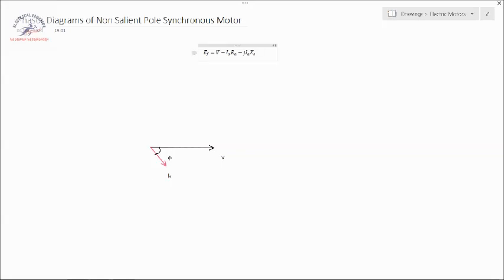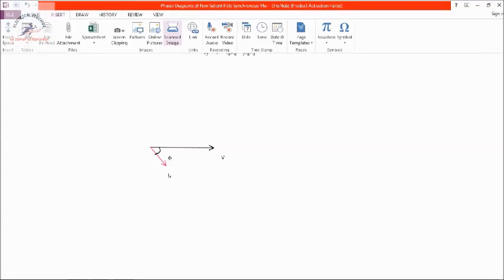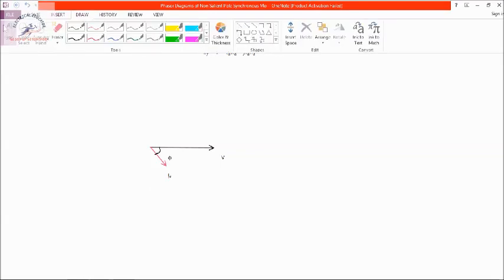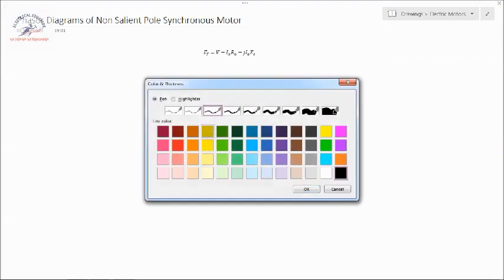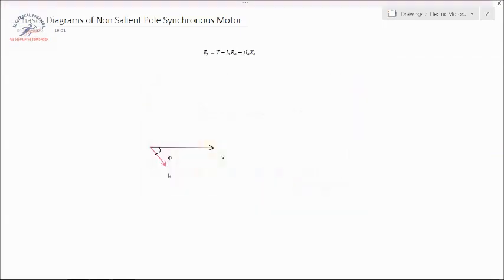Current multiplied by resistance gives us the voltage drop, the IR drop. In a resistor, the voltage and current are in phase. So the vector IaRa should be in phase with Ia.